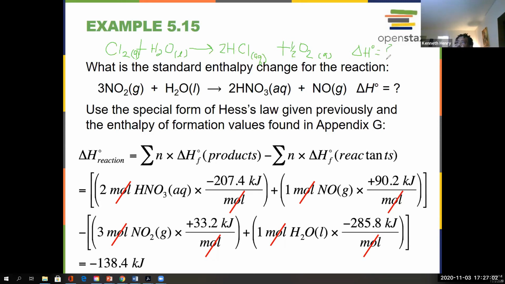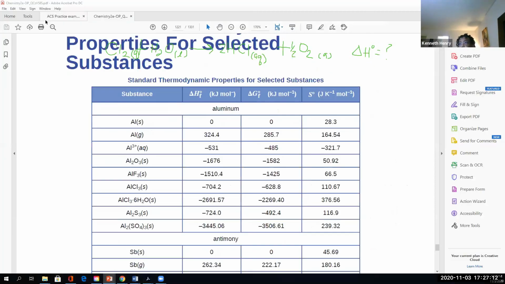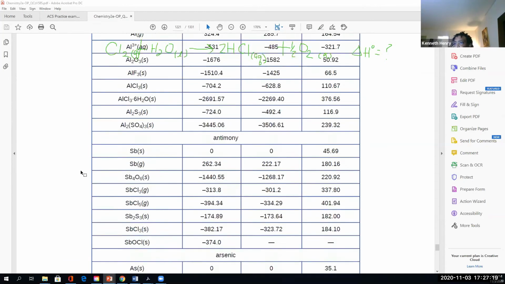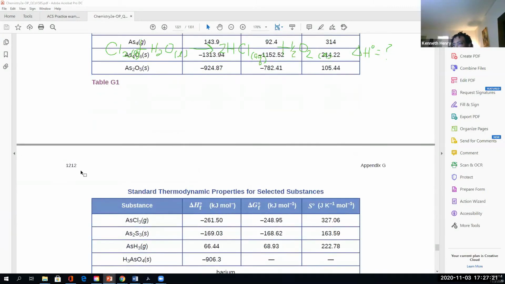Okay, so let's do this equation here. You want to look on your table and see if you can find your elements.